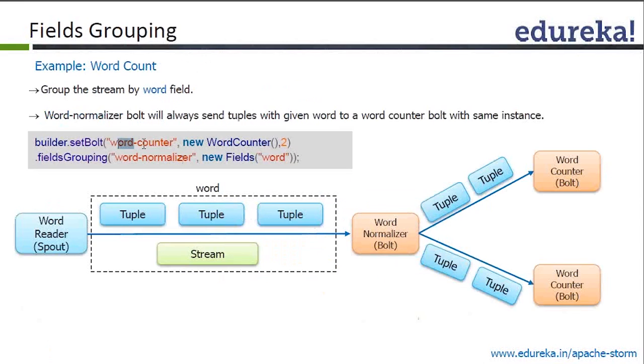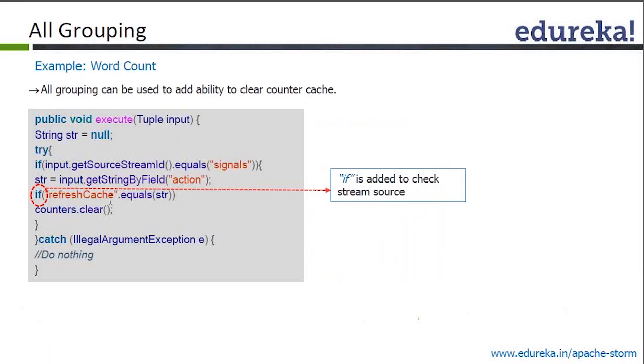See this, these are the aliases, right? Word count normalizer. And if you want to refer to them at a later date, you can use getSourceStreamId. That ID is assigned to the particular source itself.